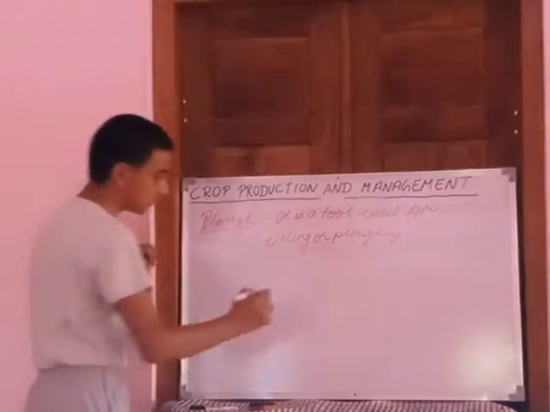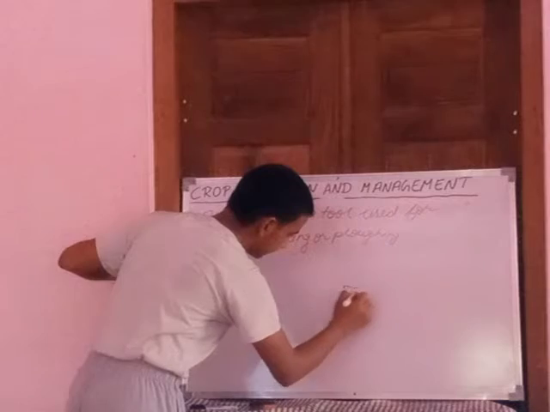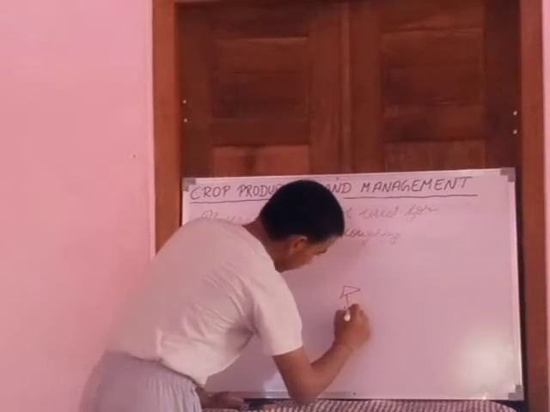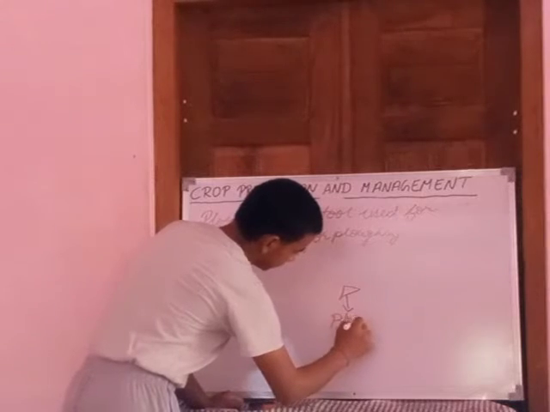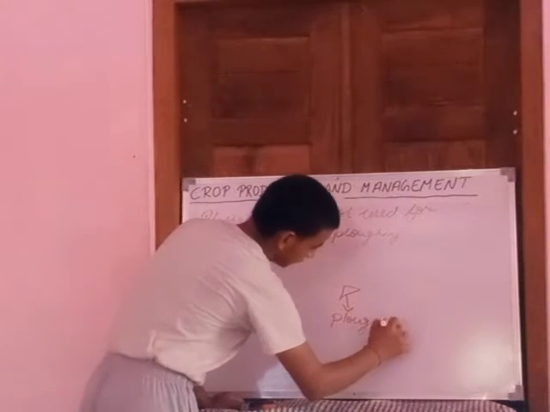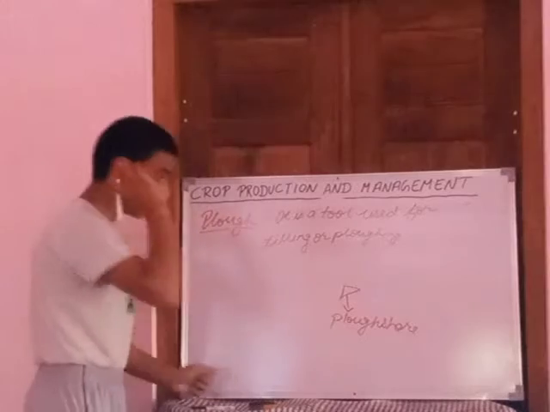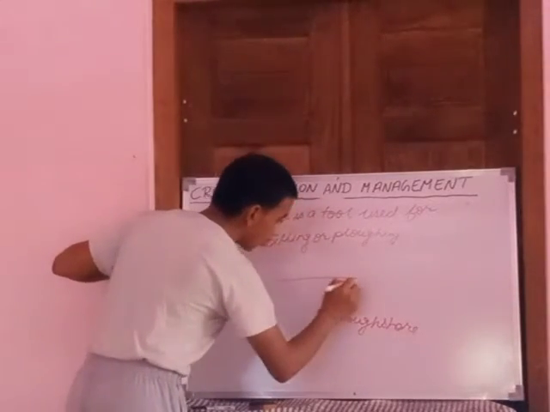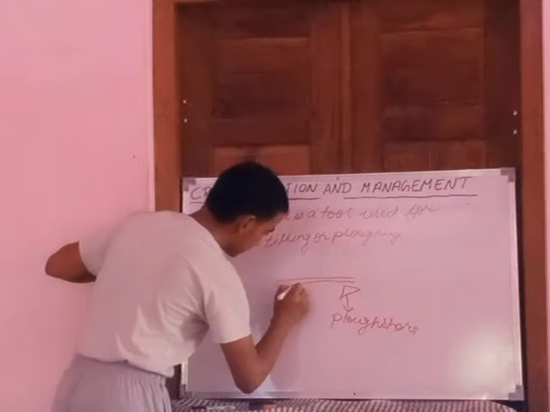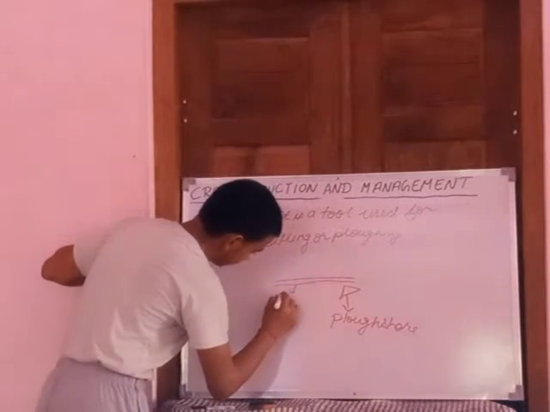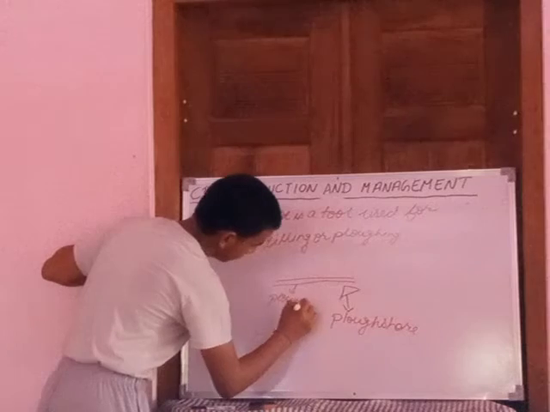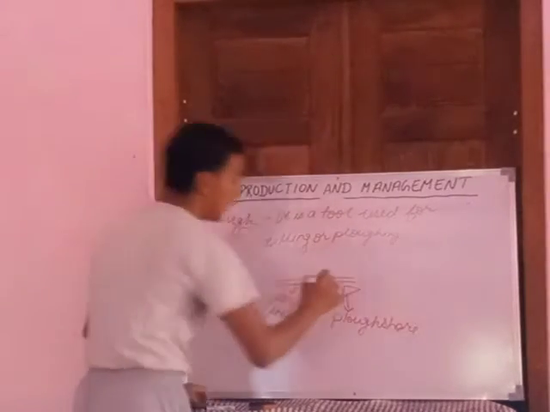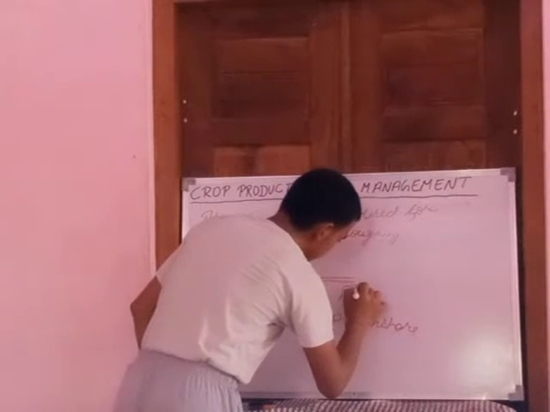It contains a strong triangular blade, known as plowshare. It also contains a long log of wood known as plow shaft, and it has a handle also.